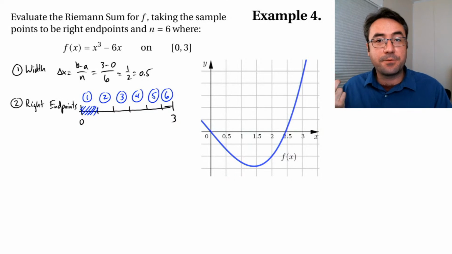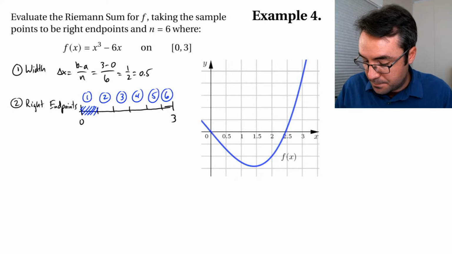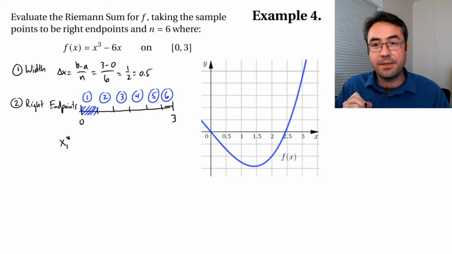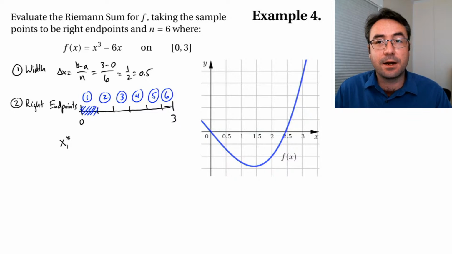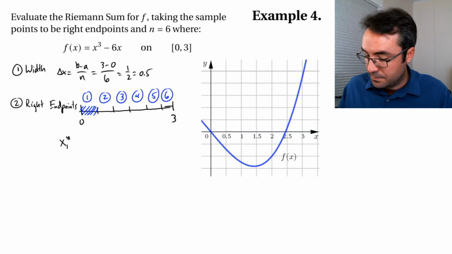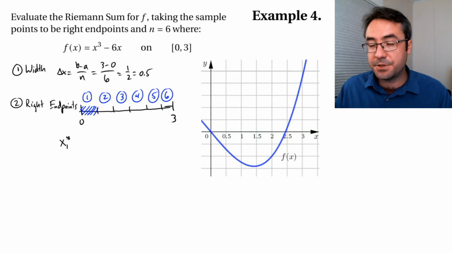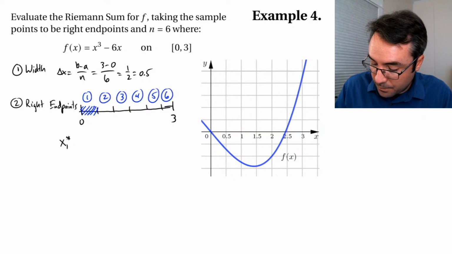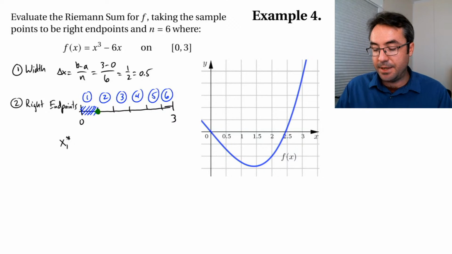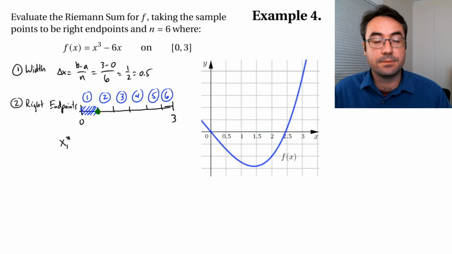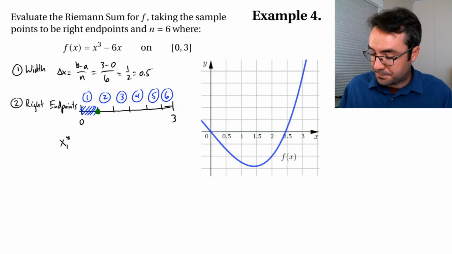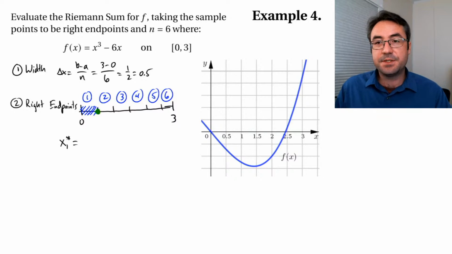All right, so for our first subinterval, we're going to pick a point out of that one. We're going to call it x1 star. And we're using the right endpoint. So if we look at that first subinterval, the right endpoint is there. So what is this x1 value?